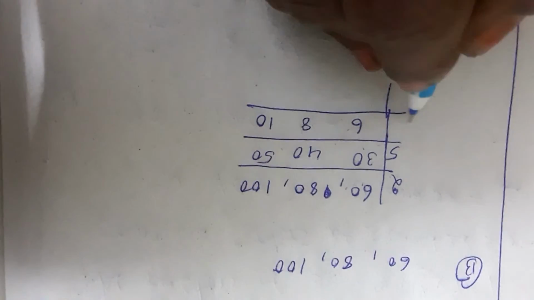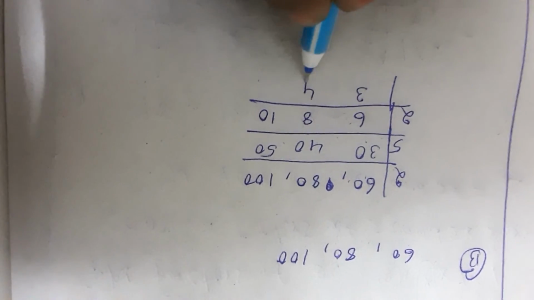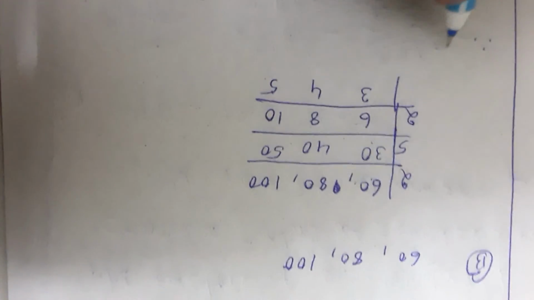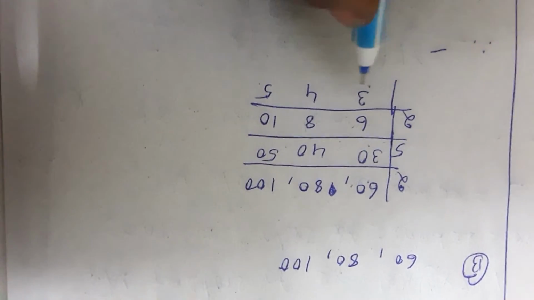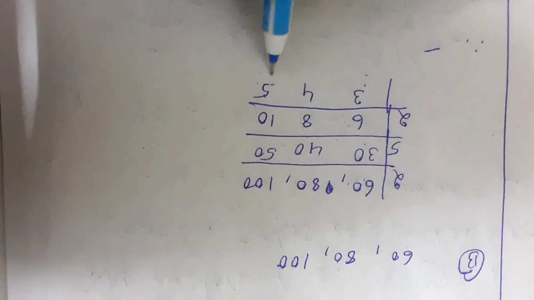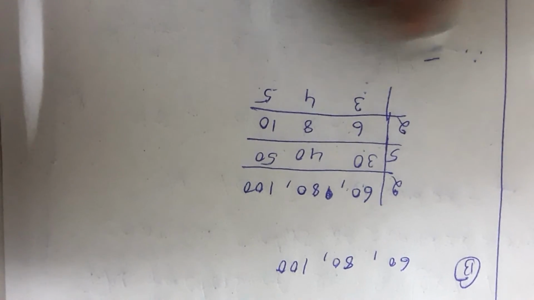Again these are all divisible by 2. 2 threes are 6, 2 fours are 8, 2 fives are 10. So 3, 4, 5 have no common factors. So stop here.